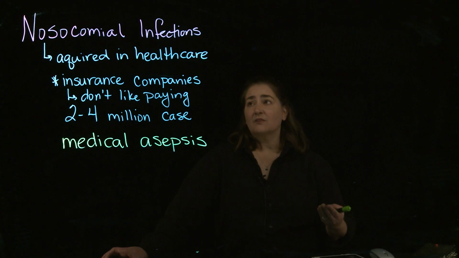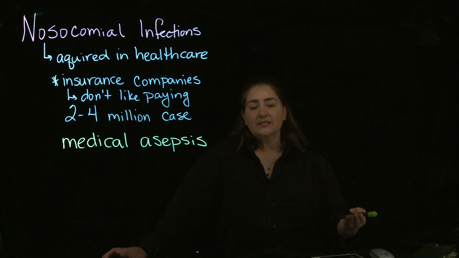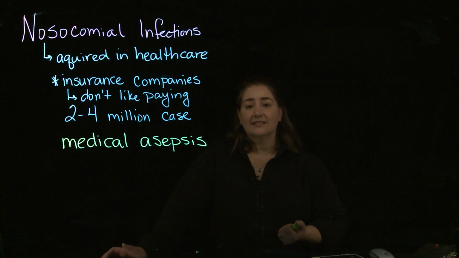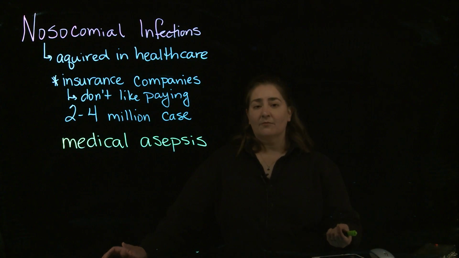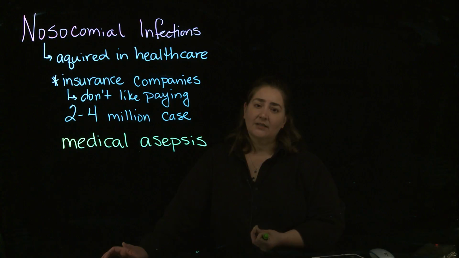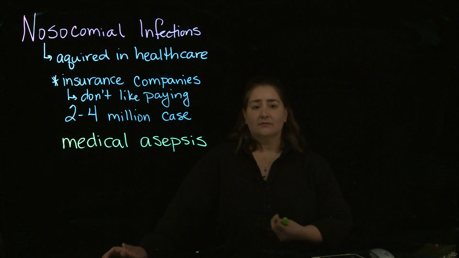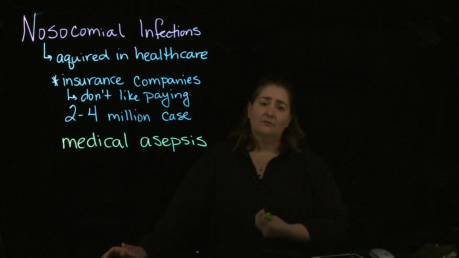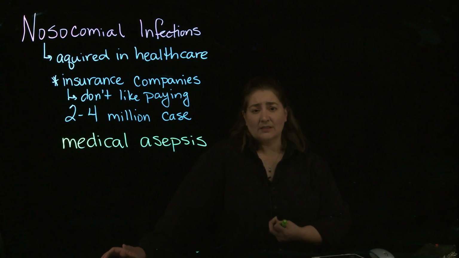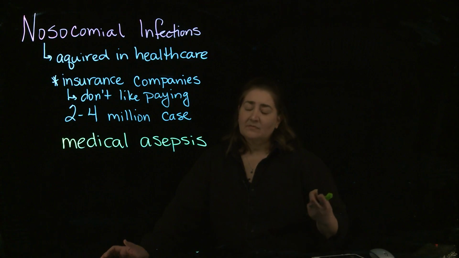Because in terms of nosocomial infections, really the places within a hospital are unlimited as to where that infection can come from. It can come from the hospital staff, although that's not necessarily the most common. It can come from the patient themselves. It can come from the environment in the hospital. If the cleaning crew doesn't clean the bed between patients, all right? Bedpans that don't get cleaned properly.